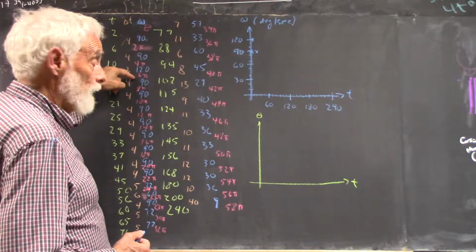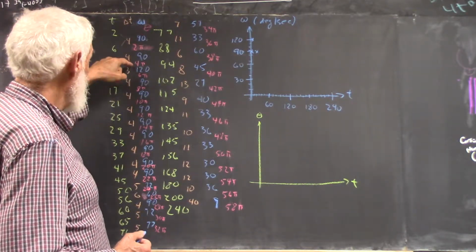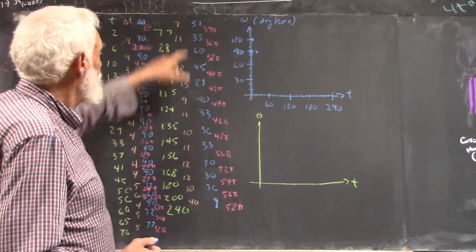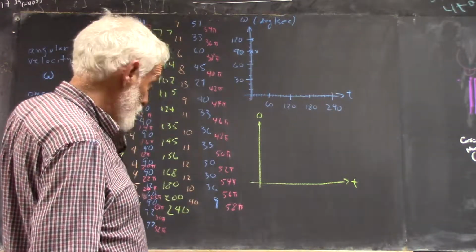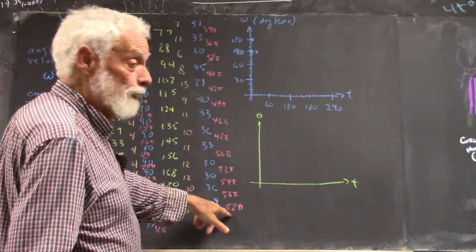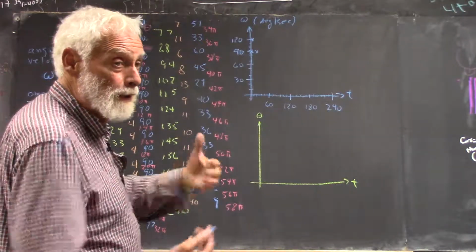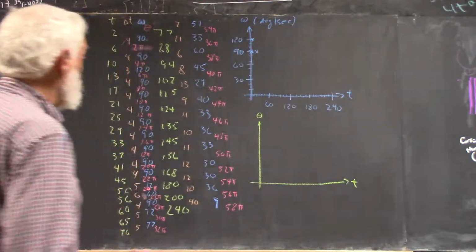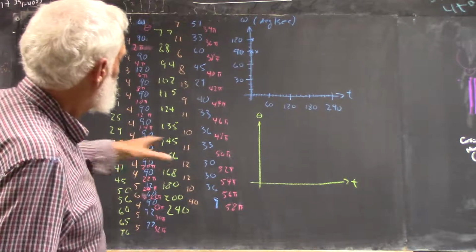And then it does another 2 pi and another 2 pi, so you've got 4 pi, 6 pi, 8 pi, even numbers times pi, all the way down to 58 pi, which would be 29 complete revolutions. Okay, so that's what these numbers mean.